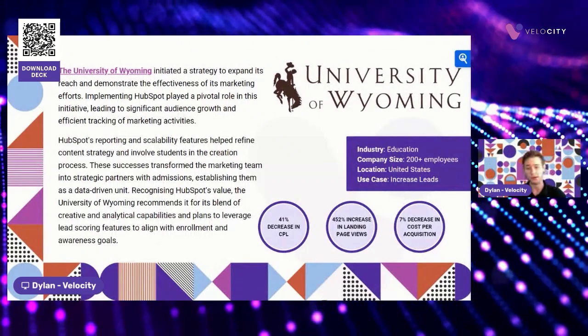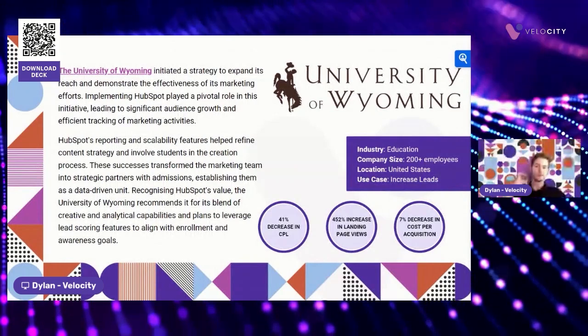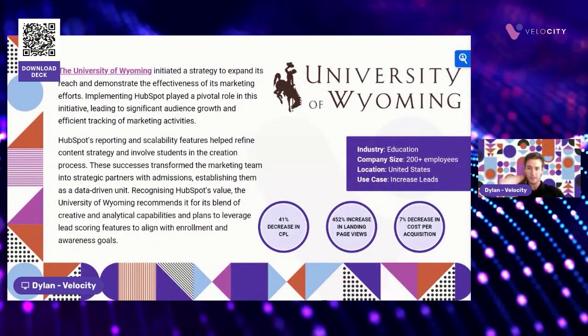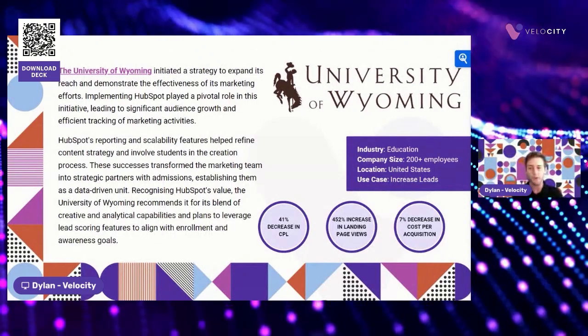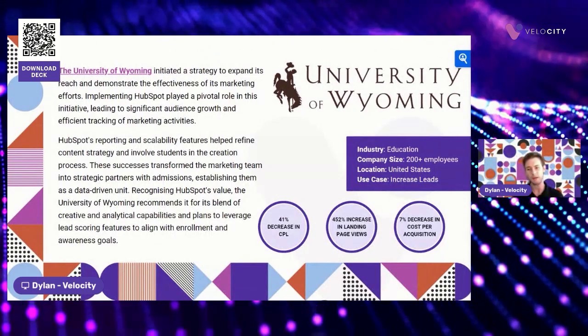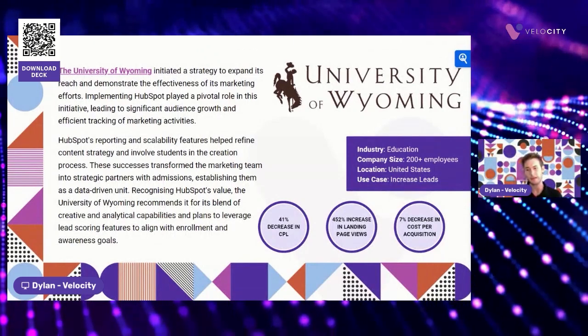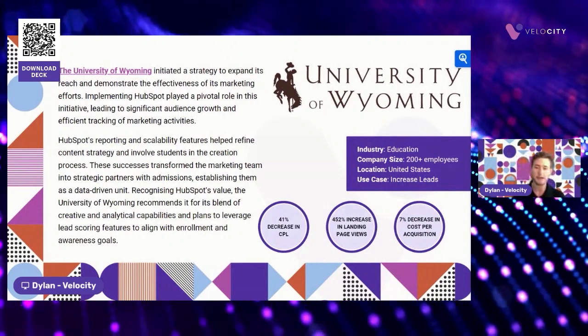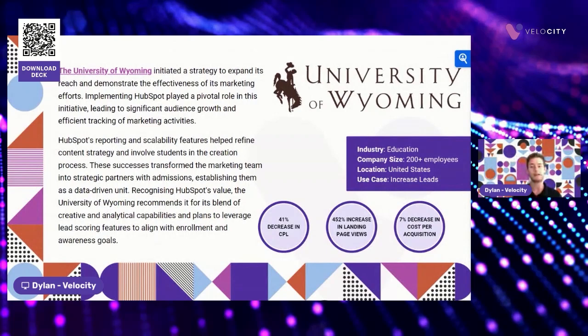Some of the key takeaways from their success: you can see there's a 41% decrease in CPL, a 452% increase in landing page views, and a 7% decrease in cost per acquisition.